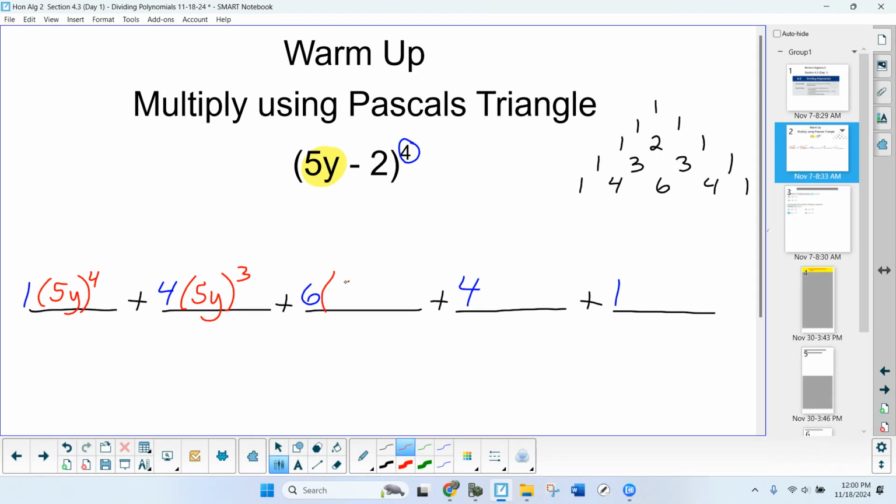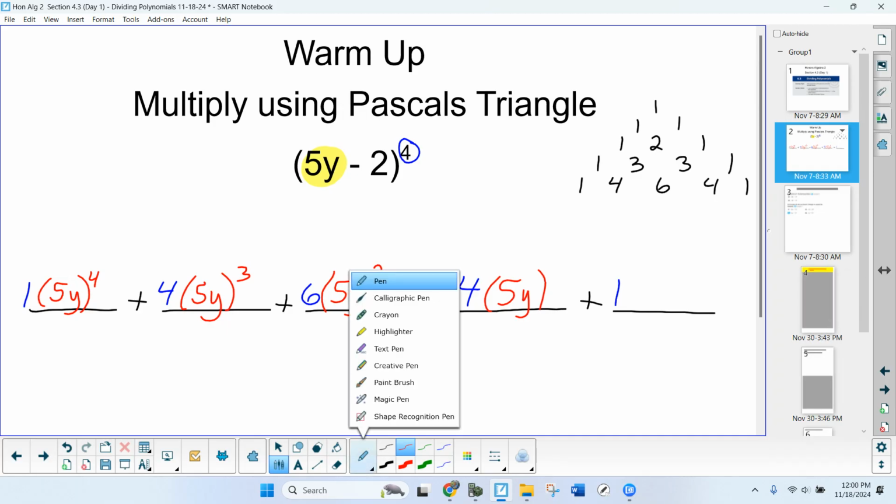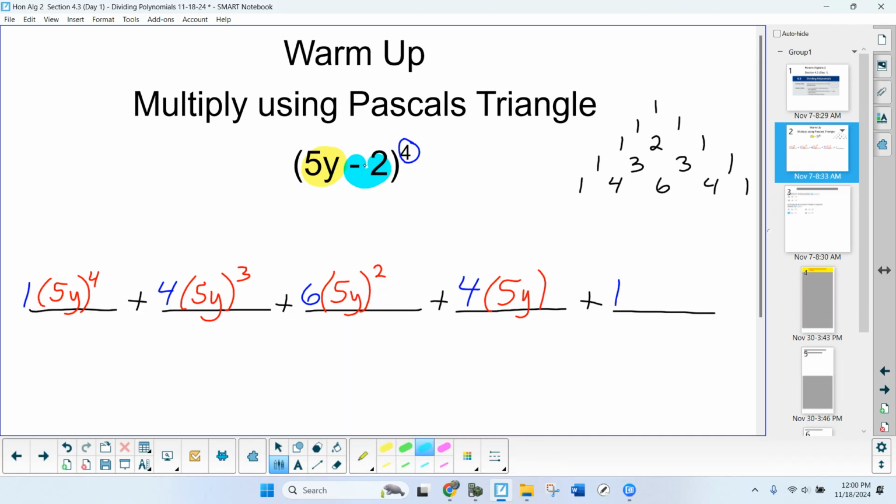How many here? 2. How many here? 1. And then none. Now the second term you're taking is -2. How many -2's do you have here? 0. How many here? 1. How many here? 2. How many here? 3. And how many here? 4. Is everybody good with how she set this problem up?